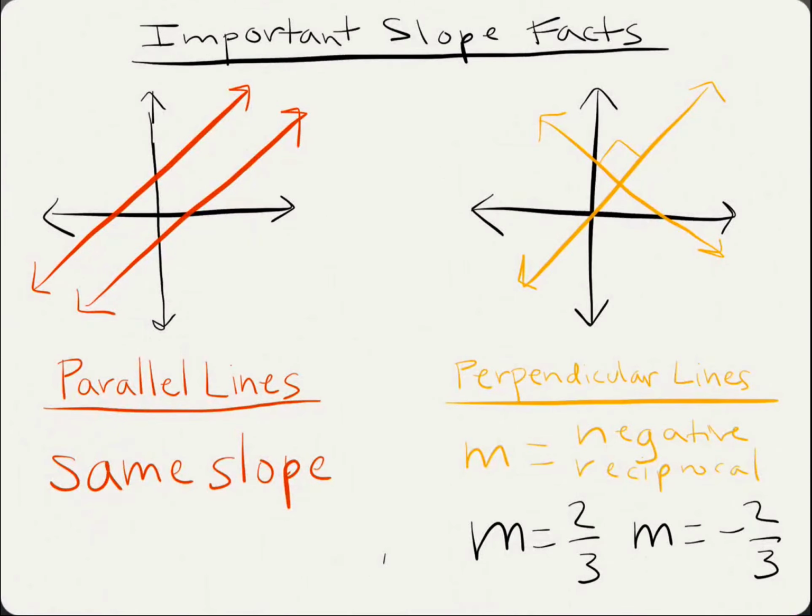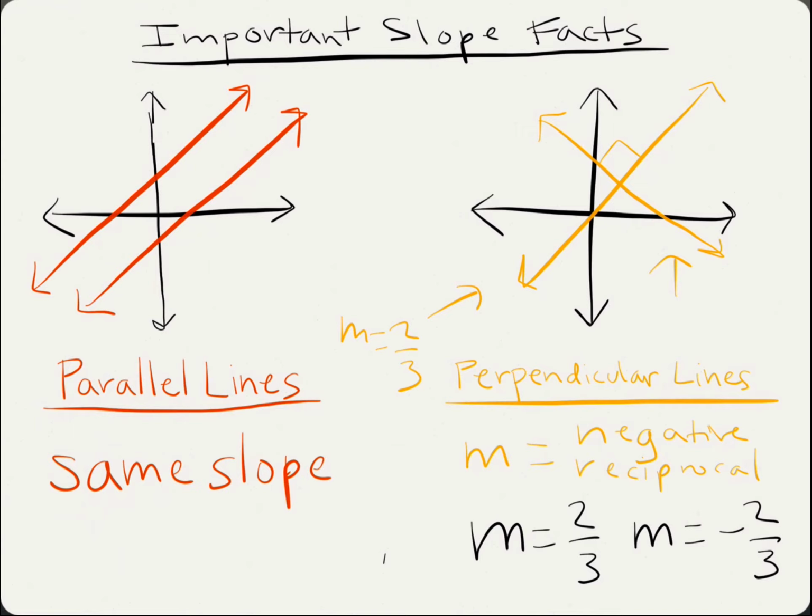And here are two more important slope facts. Whenever you see two parallel lines, both are going to have equal slope. Just remember that: two parallel lines, equal slope. And whenever you have two perpendicular lines, let's say the slope of this line is equal to 2/3, I'm just making this up, and you're supposed to find the slope of that line.